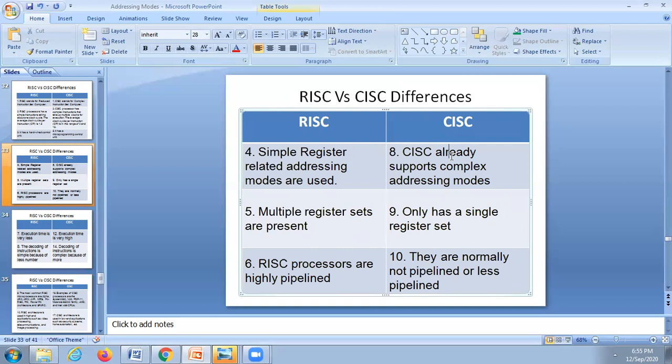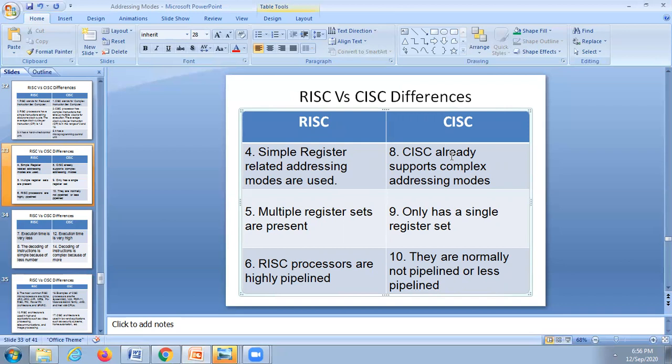Memory means main memory. In RISC processors we use register related addressing modes, that means we access the registers for getting the data, whereas in CISC processors we access the main memory to get the operands. That's why, obviously, the main memory speed is much less than the speed of a register.